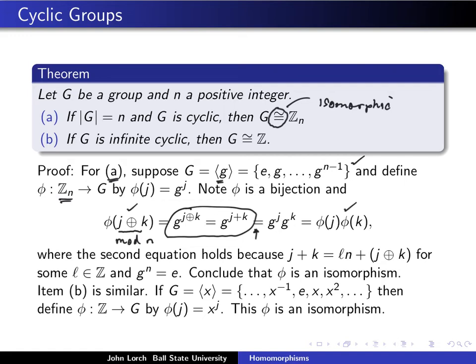And if you look, you'll see that g to the n is the identity. So when you raise g to these powers, this bit really has no effect. Okay, item B is a similar sort of argument, where we define phi from the integers to the infinite cyclic group just by phi of j as x to the j.